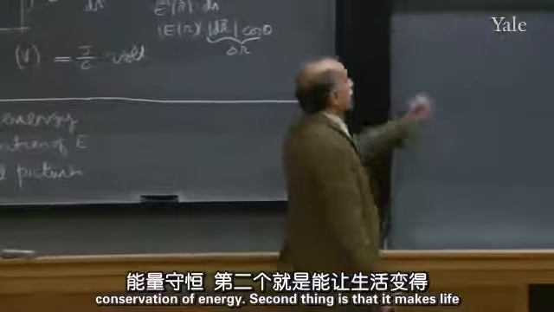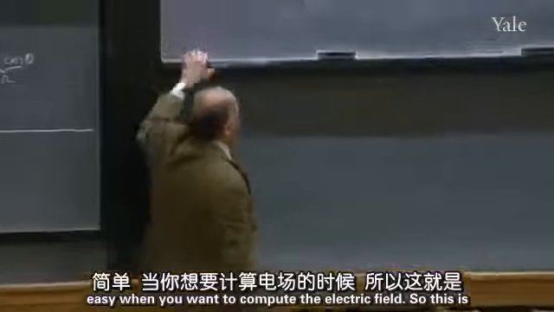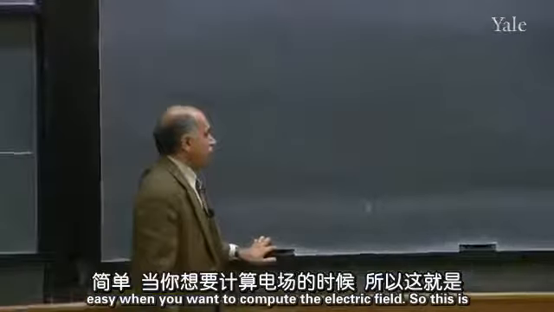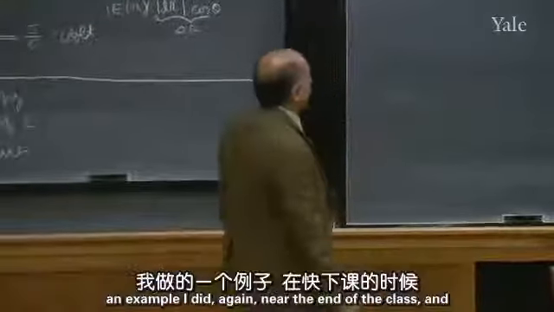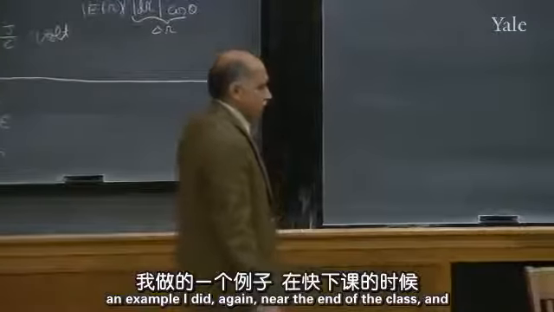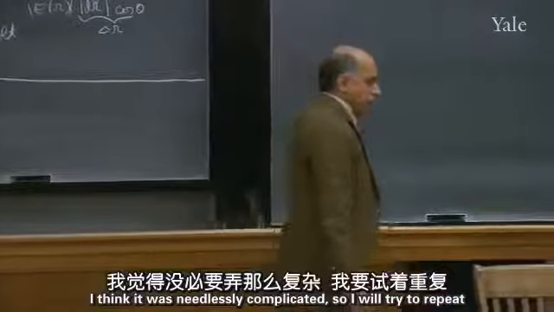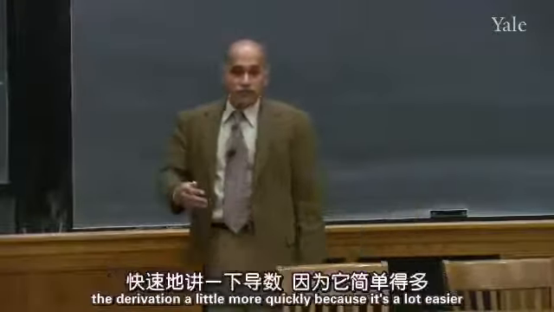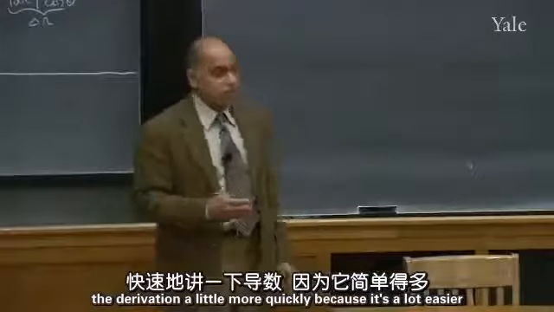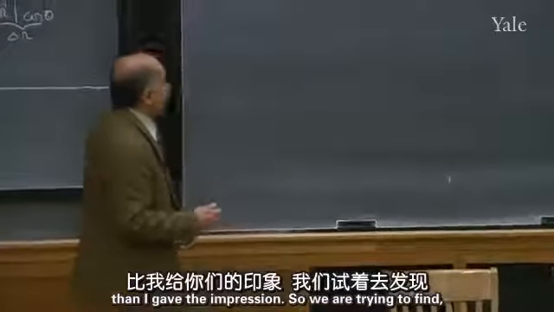The second thing is that it makes life easy when you want to compute the electric field. This is an example I did near the end of the class, and I think it was needlessly complicated. So I will try to repeat the derivation a little more quickly, because it's a lot easier than I gave the impression.